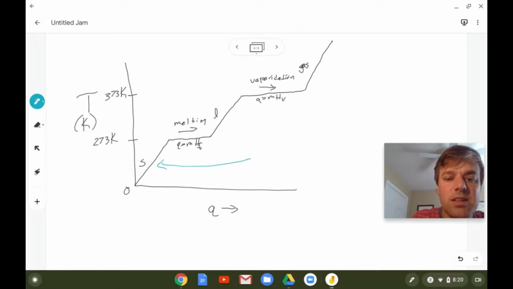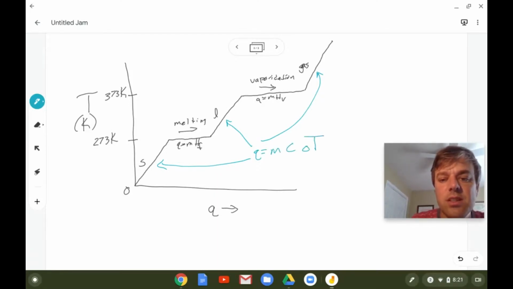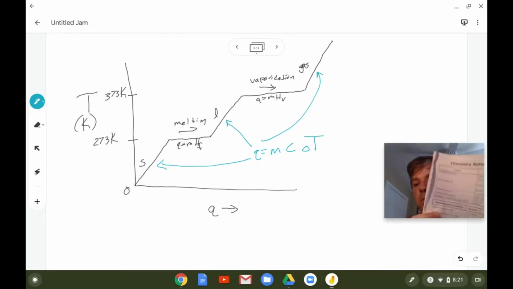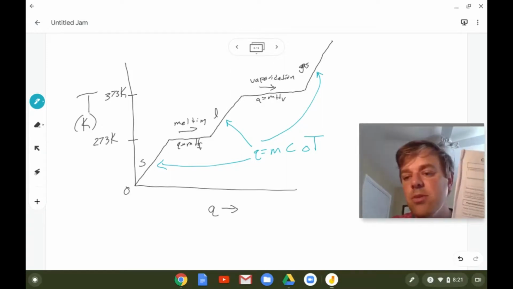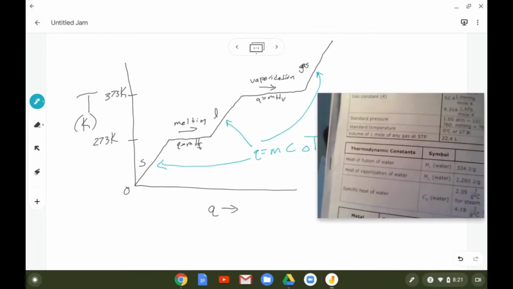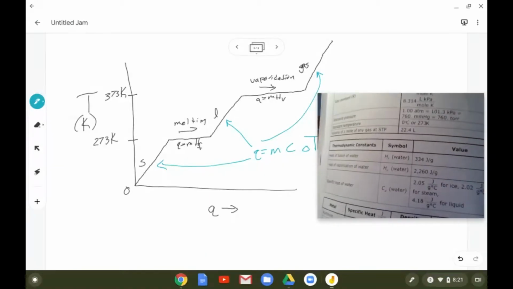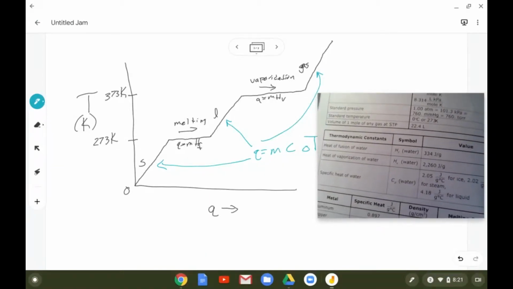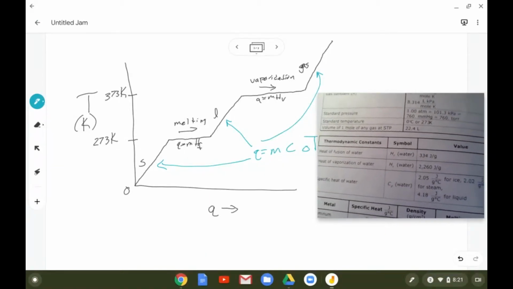The other thing to point out is that if you wanted to calculate how much heat is involved down here with the solid or the liquid or the gas, as its temperature is changing, you would use Q equals MC delta T, the specific heat formula we learned about yesterday. So keep in mind on your reference tables, you've got heat of fusion for water, that's for the solid liquid transition.